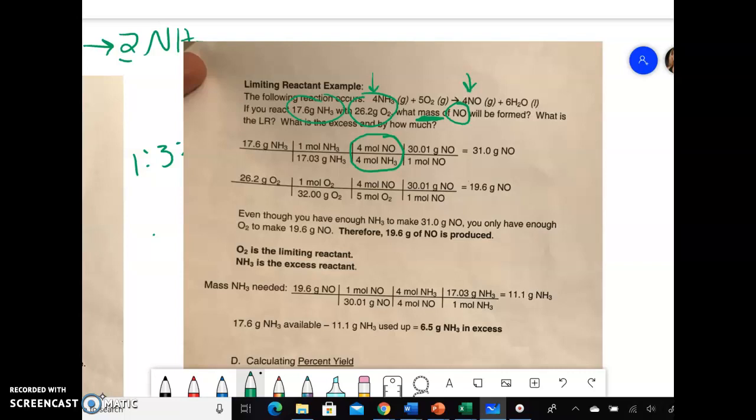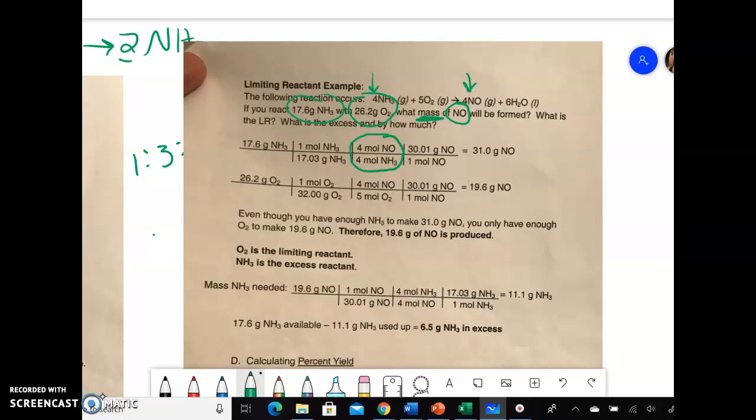Then we're going to do it again. So notice the second time we're going to start with the oxygen and we're going to turn that into NO. So what that means is that if we start with 26.2 grams of oxygen and we have as much NH3 as we want, the most NO we can make is 19.6 grams, and at that point we run out of oxygen.